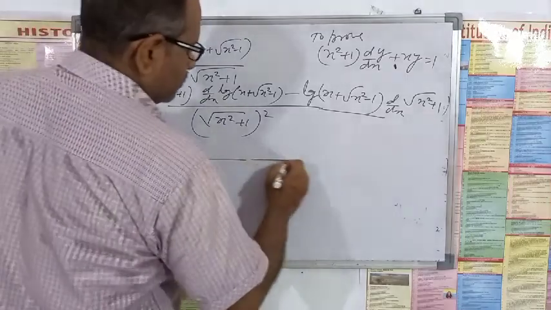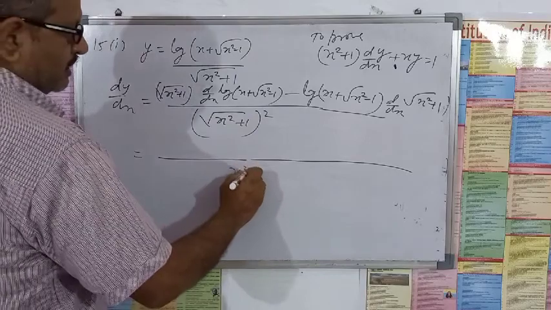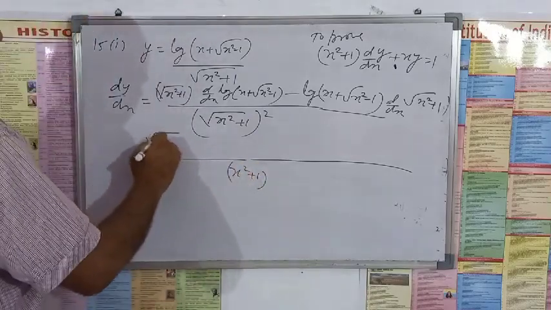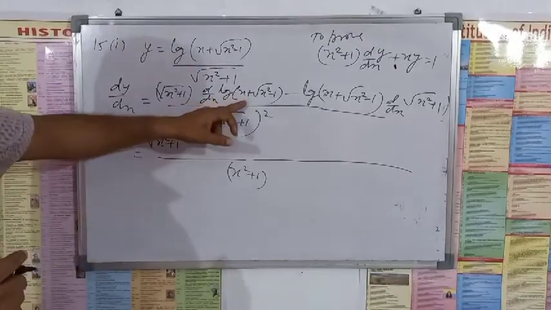So root x square plus 1 whole square, it will come x square plus 1. Now differentiate this one.